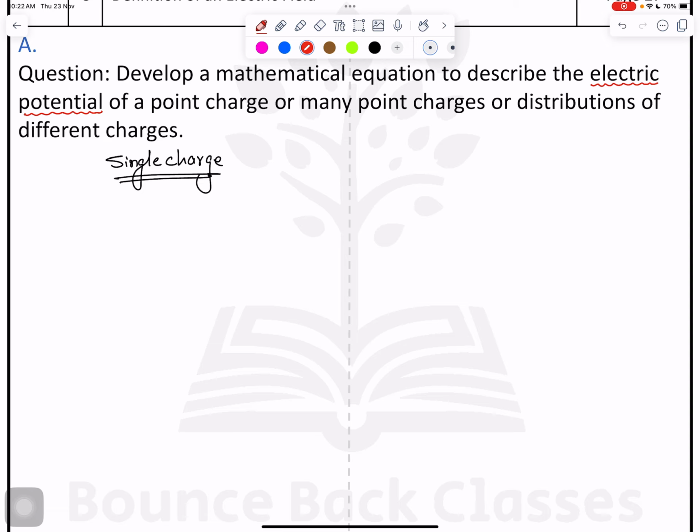We need to find the electric potential. Let's say there is a charge Q which is at infinity, and from there lines of force are coming. Do you understand? Which lines of force? The electric field.